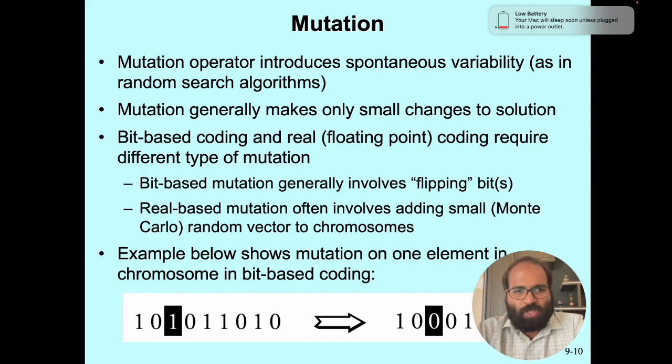Mutation introduces spontaneous variability, and generally makes only a small change in the solution. Bit-based coding and real coding require different types of mutation. It is like a simple flip. In this example, you can see the third bit is 1, which is flipped into 0 after the mutation has happened. So small changes take place in every iteration. That is called mutation.